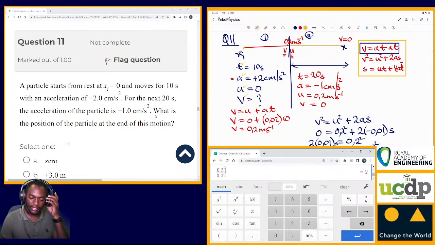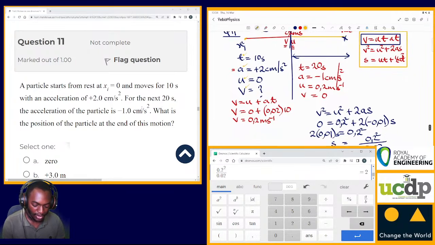First find the final speed of the first part of the journey. When we get its final speed, that will be its initial speed for the second part of the journey.